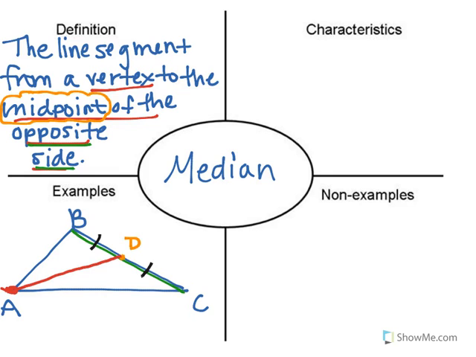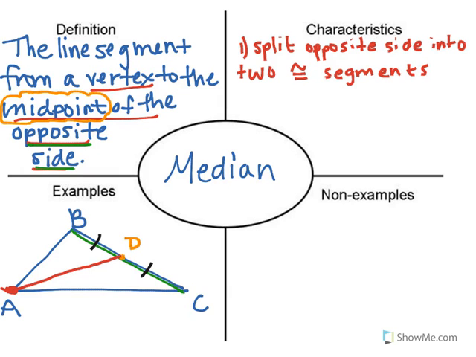Now that we know the definition and we've seen an example of a median, I want to come up with a few characteristics that will help us understand medians a little bit deeper. So first, we can use our knowledge from the last unit on proofs and realize that the median, because of the definition, splits that opposite side into two congruent segments.